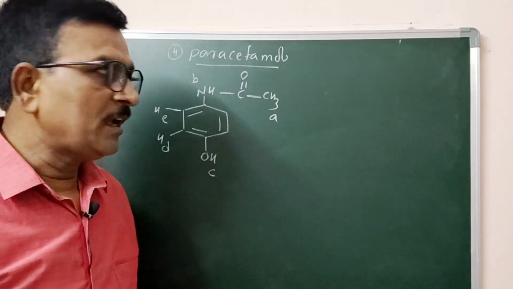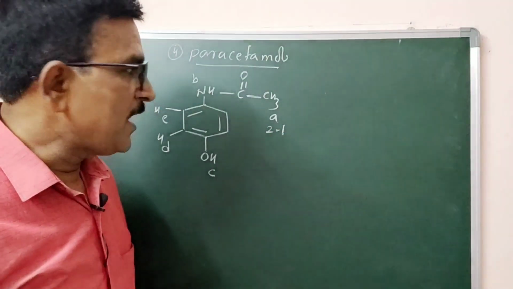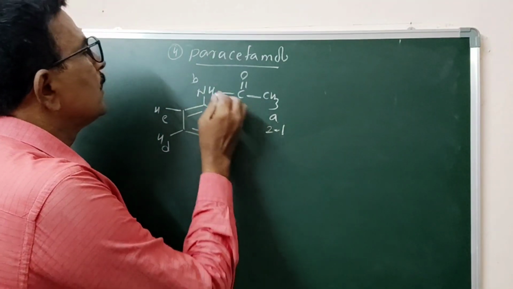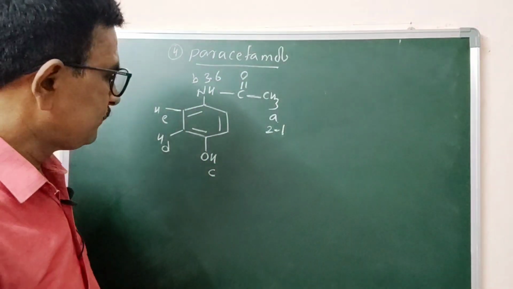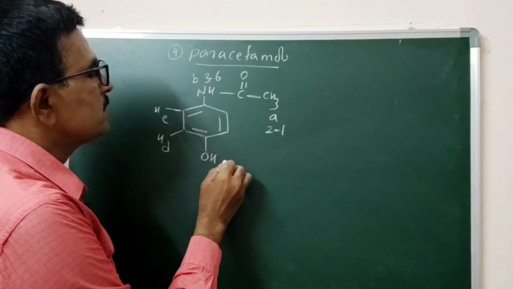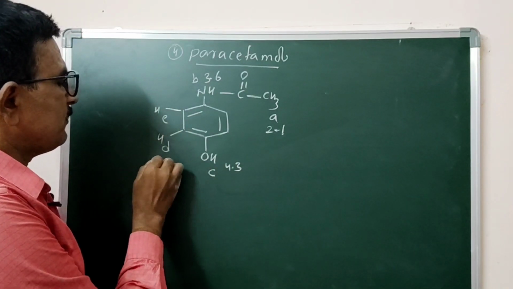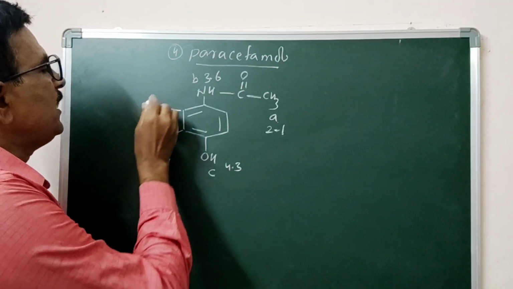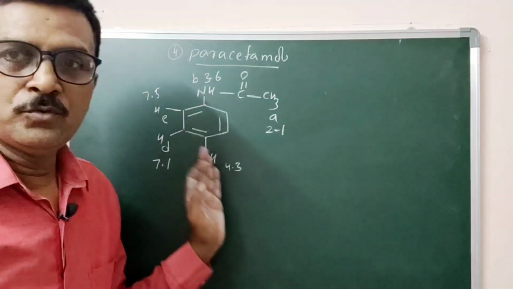The values are something like 2.1 for CH3, A proton. Now 3.6 for NH proton, OH proton something like 4.3, the D proton is 7.1 whereas the E proton is 7.5. These are the values.